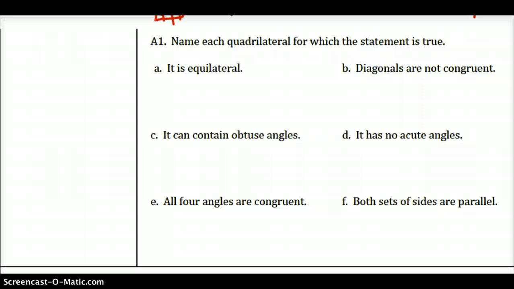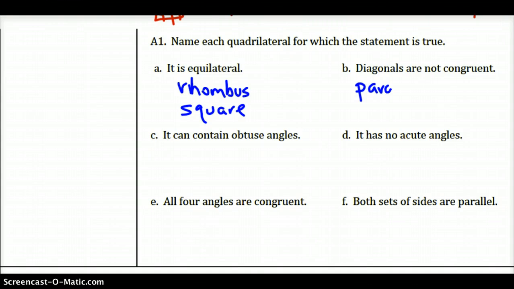A1 here, name each quadrilateral for which the statement is true. So we have parallelogram, rhombus, rectangle, and square. It's equilateral: rhombus, square. Diagonals are not congruent: parallelogram would be the only one.